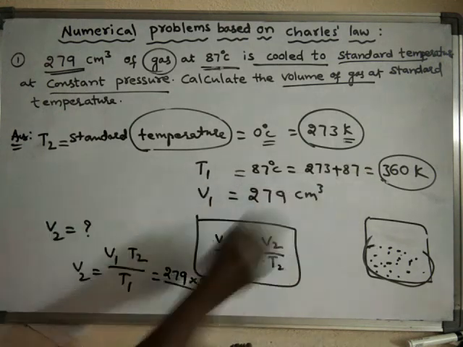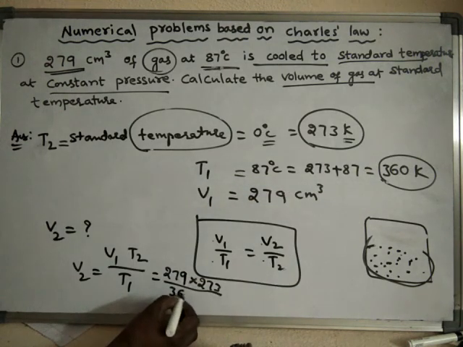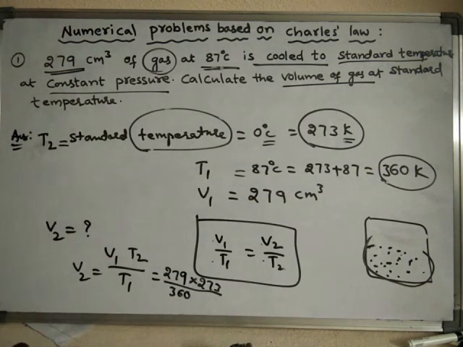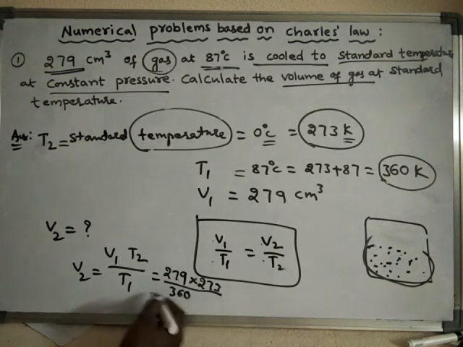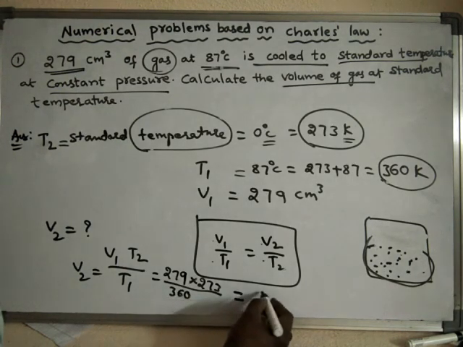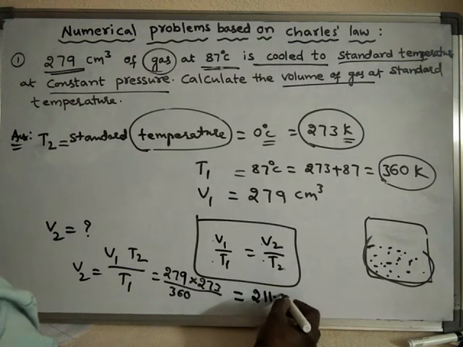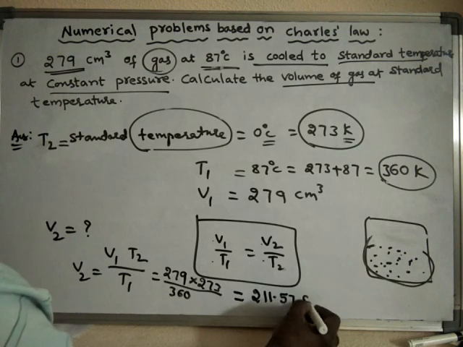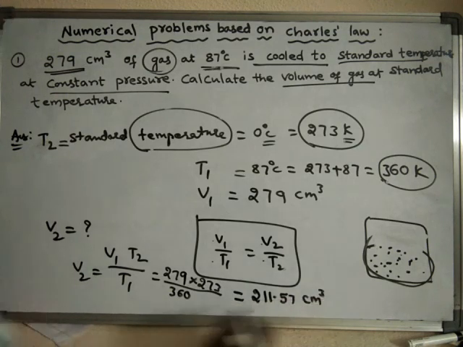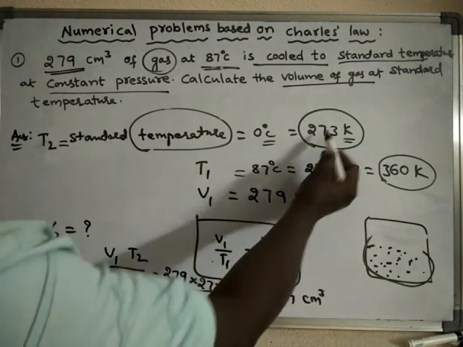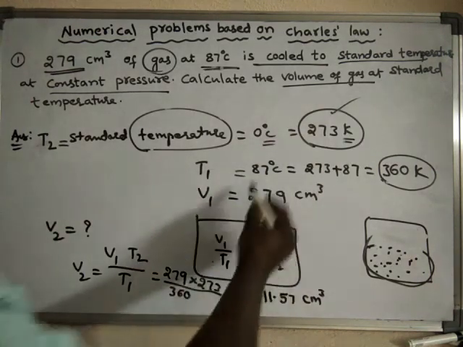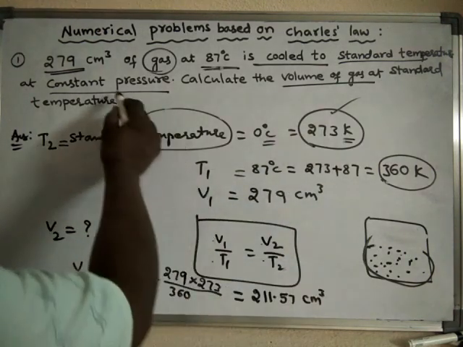What is T1? 360. Upon calculating, finally we will get the value as 211.57 centimeter cube volume. So that means under this temperature the same amount of gas at constant pressure.